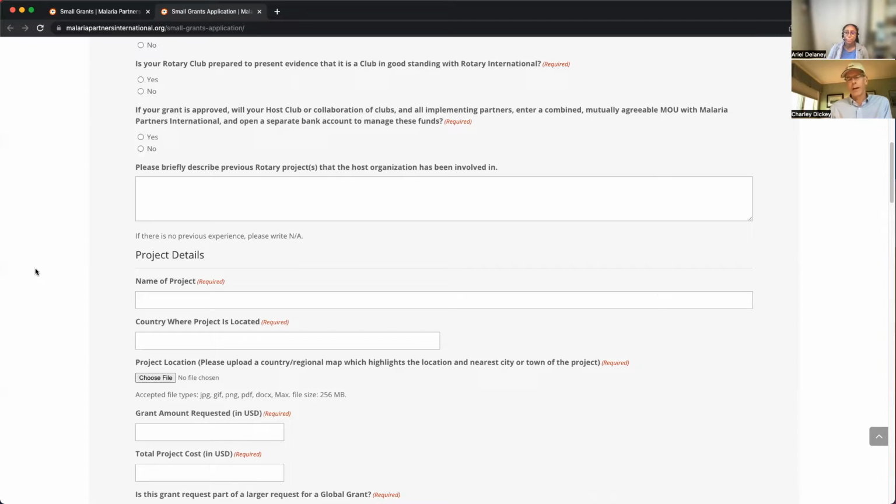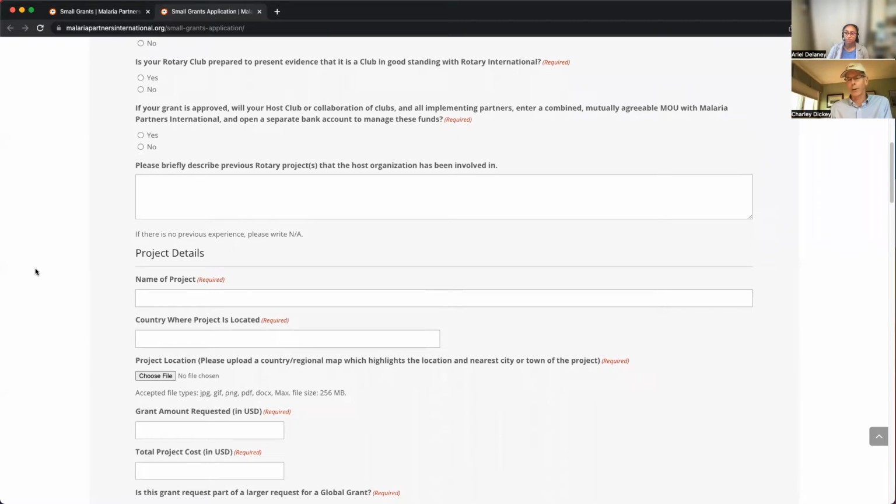So obviously, the longer the project, the more the need for an MOU that we can always go back to and relate to what we agreed to. And as you all know, people change roles, and the person that started the project isn't the same person that finishes it, and so that's the kind of thing that needs to be well documented. The projects need to be well documented through the MOU.